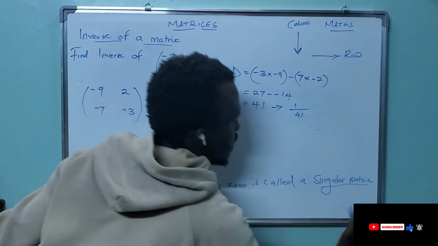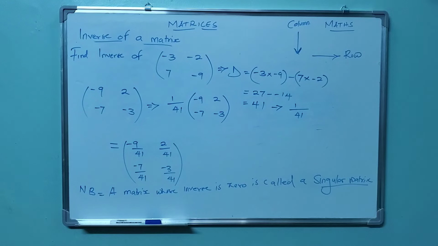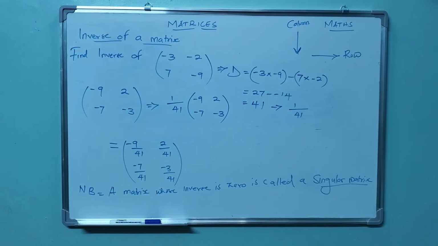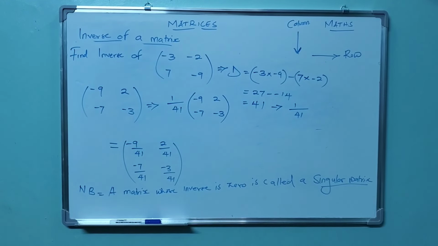Now, in most cases, if the examiner tells you that a certain matrix is a singular matrix, you have to know that the determinant of that matrix is 0. A matrix whose inverse does not exist is called a singular matrix.